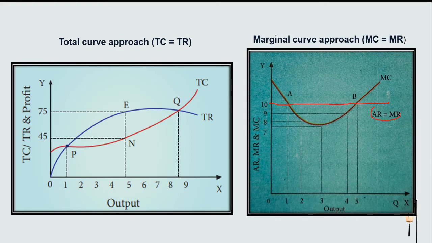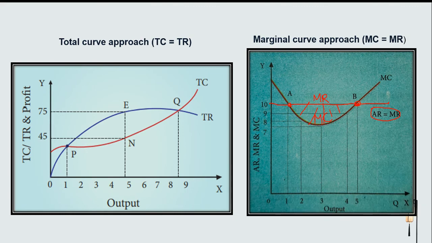So from A to B, the MR curve is above, but the MC curve is only here. That means in this area, the firm is making a profit, because MR is greater than MC.